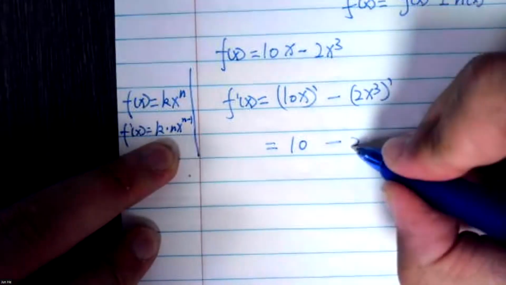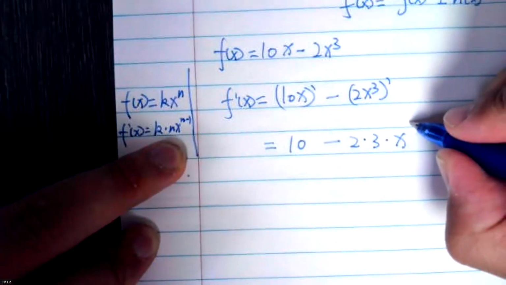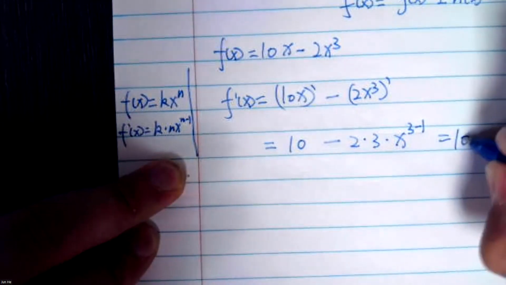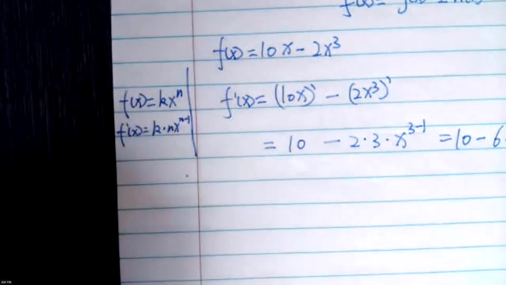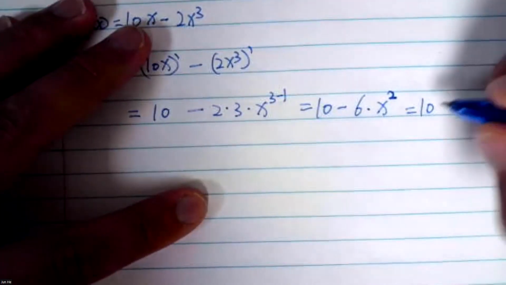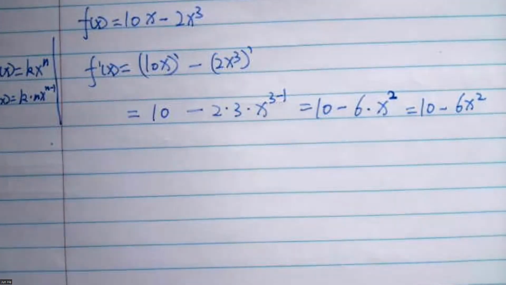And here f prime of x is k times n times x to the power of n minus 1. Here k equals 2, n is 3, and x to the power of n minus 1 is x to the power of 3 minus 1. So the result is 10 minus 2 times 3, which is 6, times x to the power of 2. Or you can further simplify and write this as 10 minus 6 times x squared.